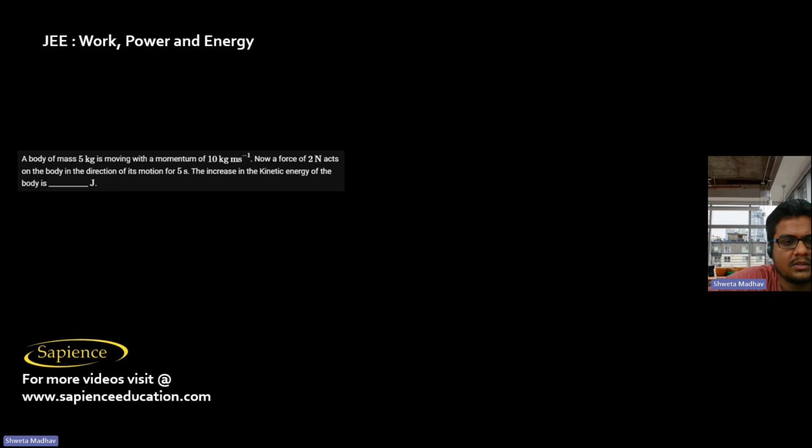Then here it is told, a body of mass 5 kg is moving with a momentum of 10 kg meter per second. A body is there, its mass is 5 kg. It is moving with a momentum p, which is mv.